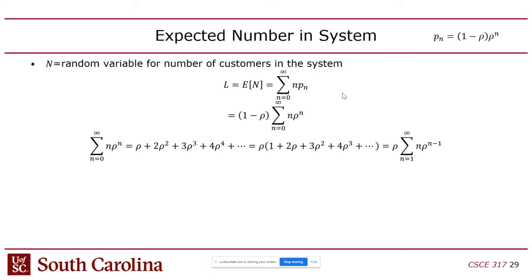Okay, so now things get a little crazy. The reason is we have to get that summation out of there. That's the problem. How do you get the summation out of this thing? Before, we were able to get the summation out because we had it in a certain form: the summation n equals 0 to infinity of rho to the n.